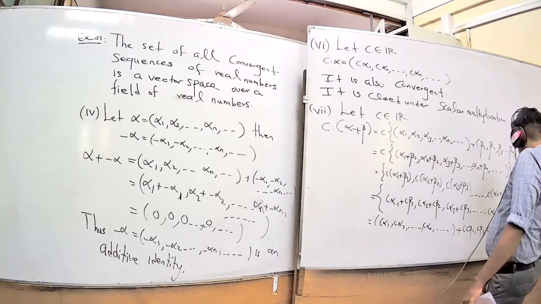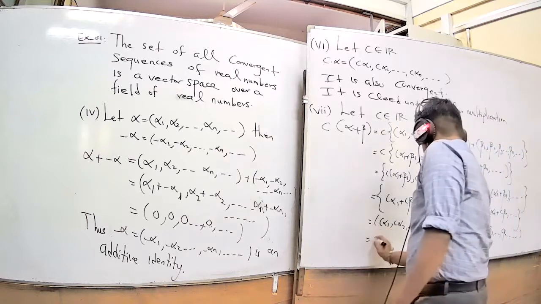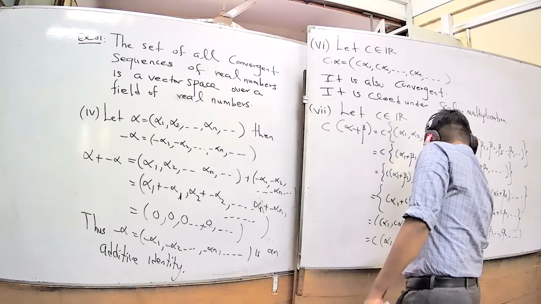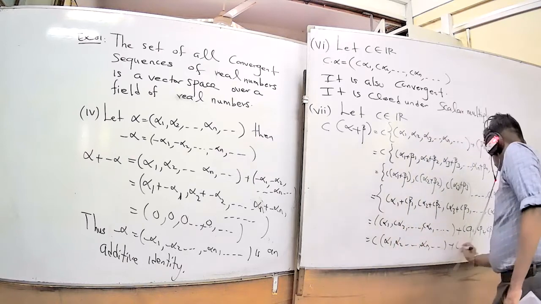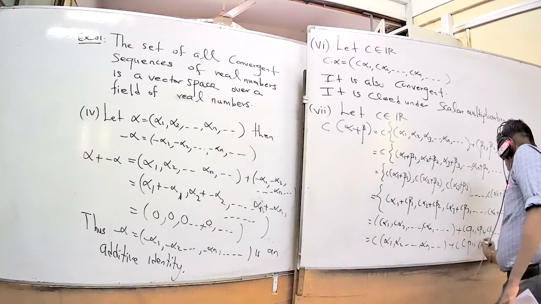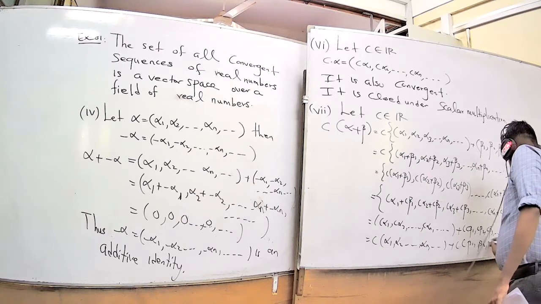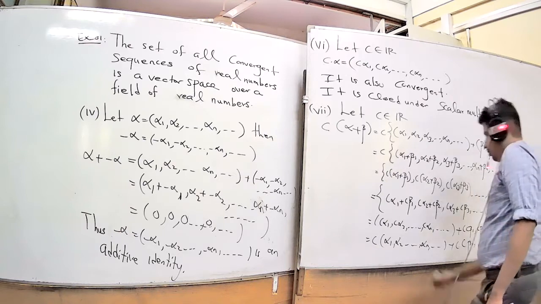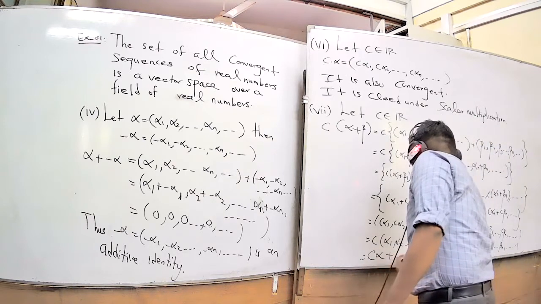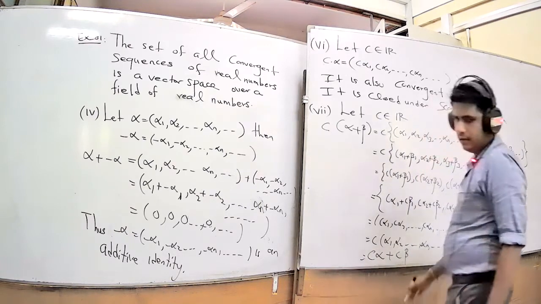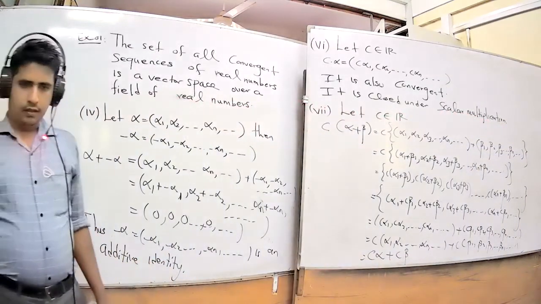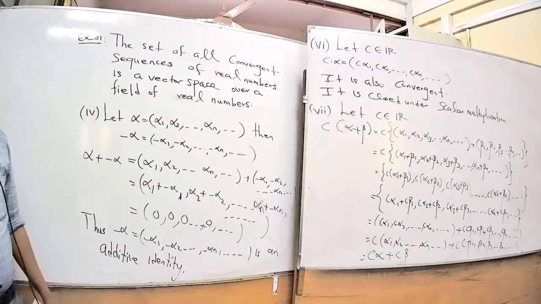Taking out c, this is c times alpha plus c times beta. That is axiom number 7.